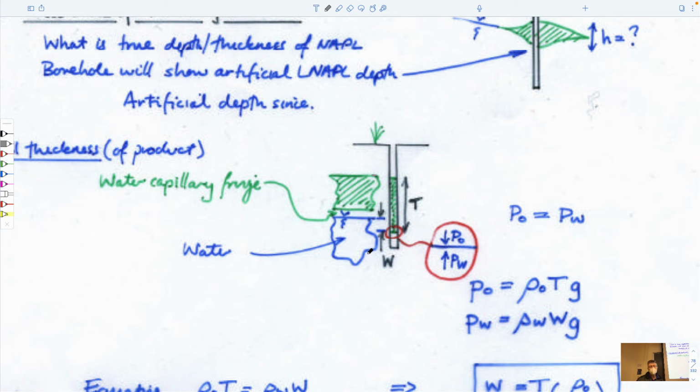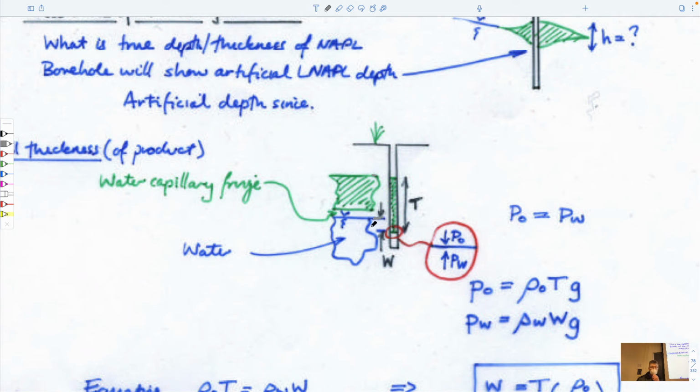And so what we can do is a simple force balance to see what a height that we measure in the borehole means in terms of what we have in the subsurface. It's a relatively straightforward calculation. We know that the water table, by definition, has to be at zero, atmospheric pressure at this particular point.